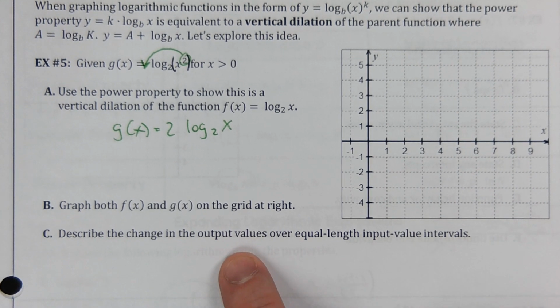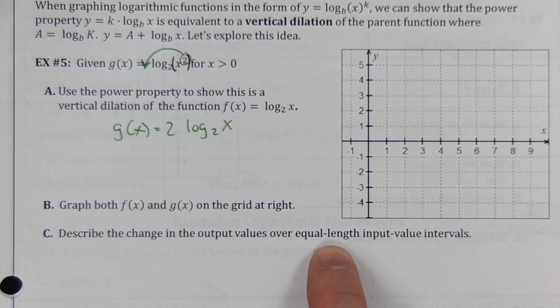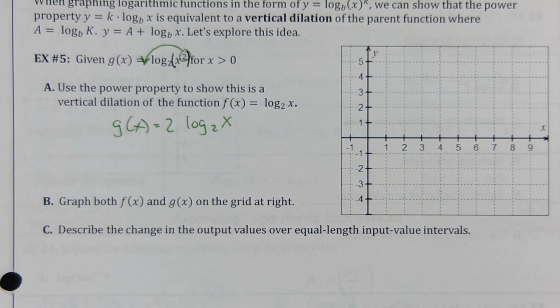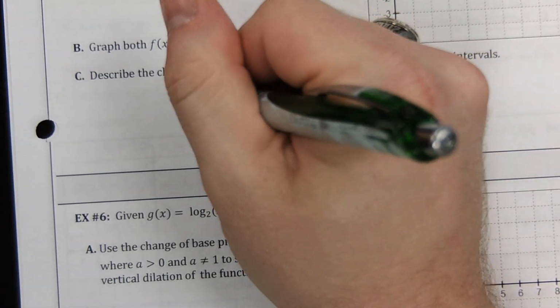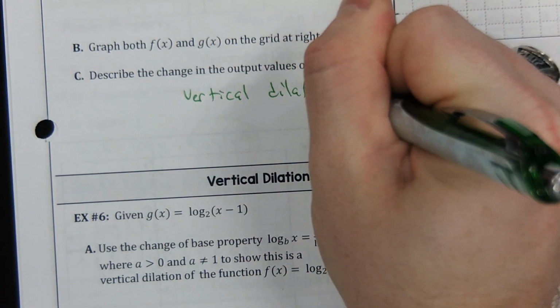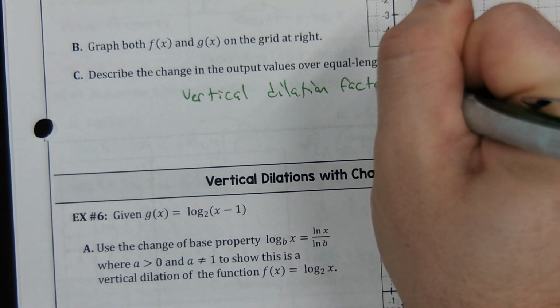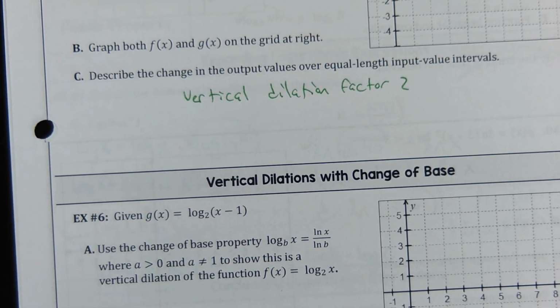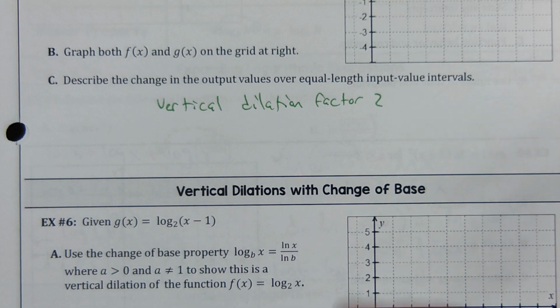Part C says describe the change in output values over equal length input values. That literally just means describe the transformation. So you say vertical dilation, factor 2. If you wanted to make a rule, you could.